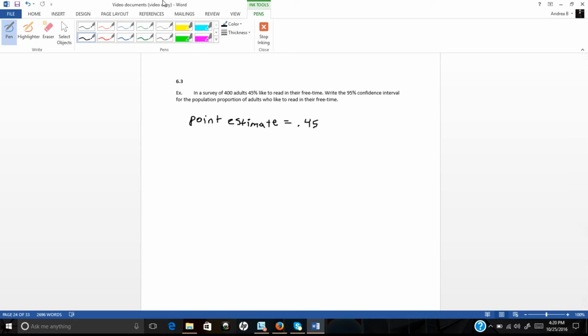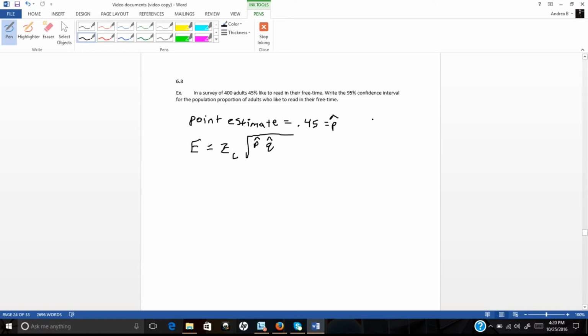So for our margin of error, remember, we have a capital E for margin of error. Here we still have z sub c, our critical value from the normal distribution table. Then we have the square root of p hat, which is our sample proportion, times q hat.